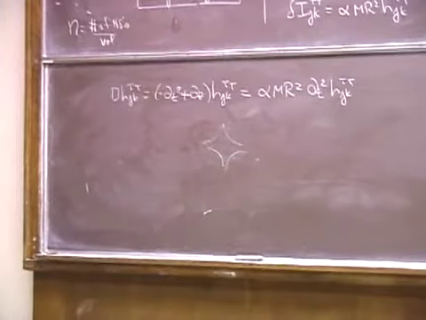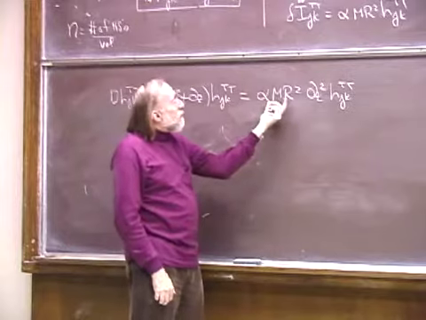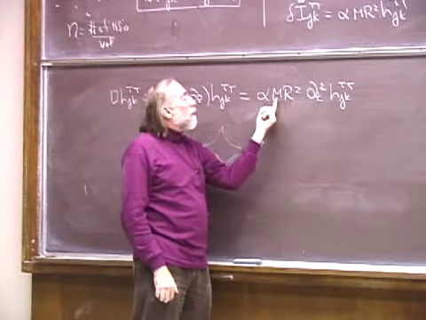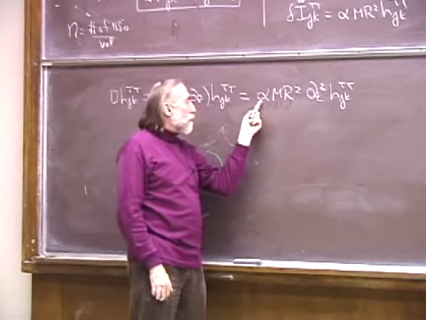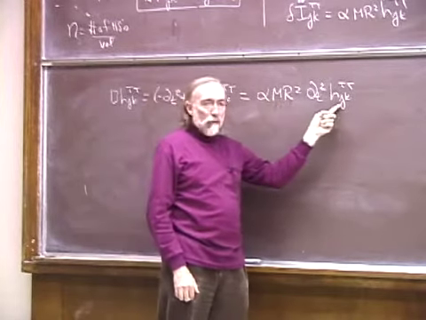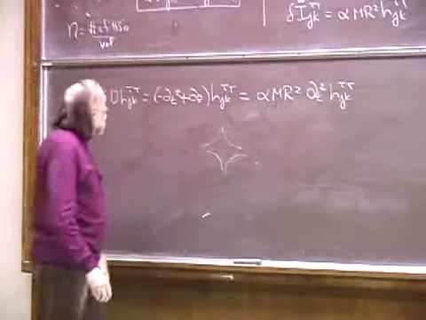So that's the wave equation with, again, a source on the right-hand side that looks like just the quadrupole moment of the star itself, or the second moment of the mass distribution, coefficient of order unity, and a second time derivative of h, which is the thing that was driving the star to oscillate.